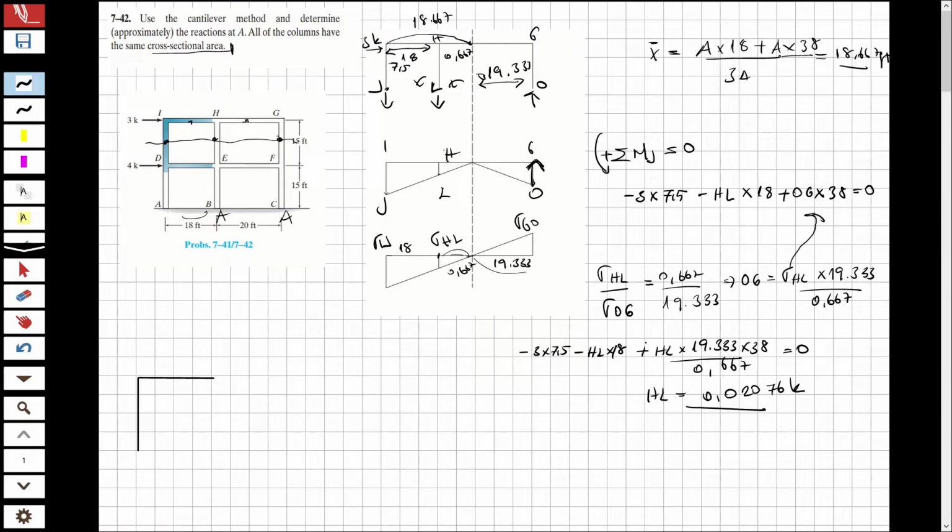Now this is the HL force, the force of HL in the y direction.